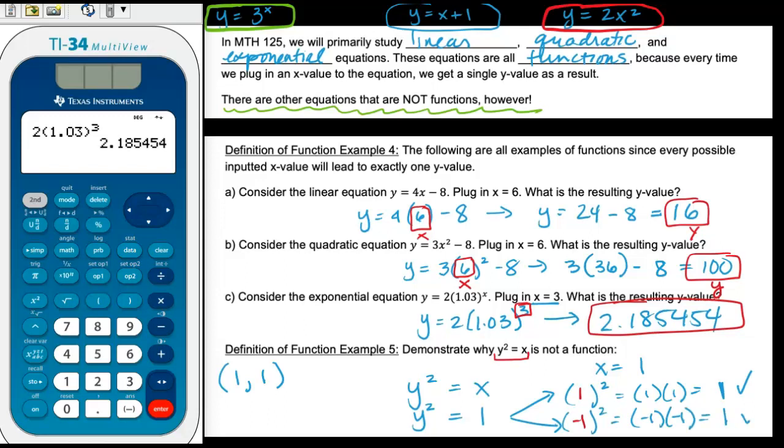That's also equal to 1. So that means if y is negative 1, x is 1. What we see here is that the x value 1 goes with two y values. The x value 1 could go with y equals 1, and it can also go with y equals negative 1. Since that same x value goes to two different y values, we say that y squared equals x is not a function.